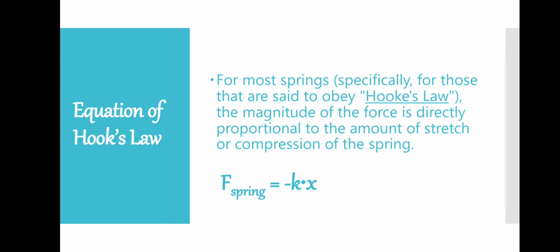Equation of Hooke's law. For most springs, specifically for those that are said to obey Hooke's law, the magnitude of the force is directly proportional to the amount of stretch or compression of the spring, which is the displacement. So as you can see, the force must always be directly proportional to the displacement, and that's why Hooke's law has been derived.